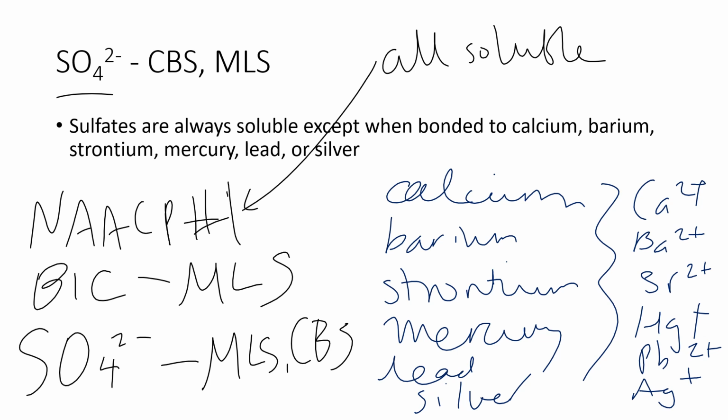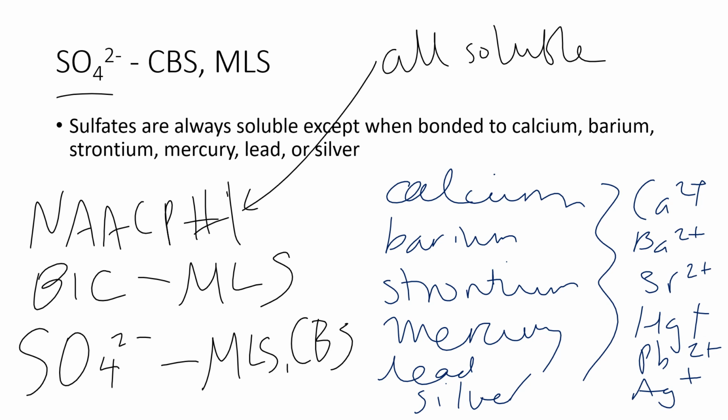If they do not fall under any of these rules, you can generally assume that that ionic compound will be insoluble. Notice how we have not touched carbonates? That's because carbonate compounds are almost always insoluble, or generally insoluble. We haven't touched phosphate. Phosphates are also generally insoluble.